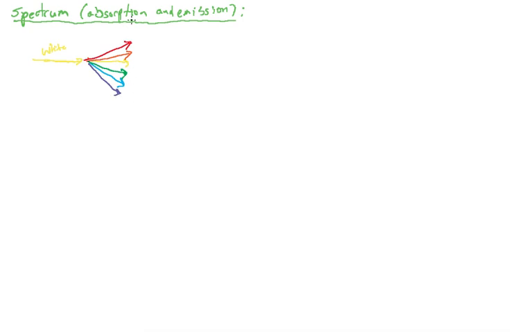And so what people found was, instead of having this nice pretty continuous color thing, like a rainbow where there was no breaks, they found that there were all these lines occurring inside it.